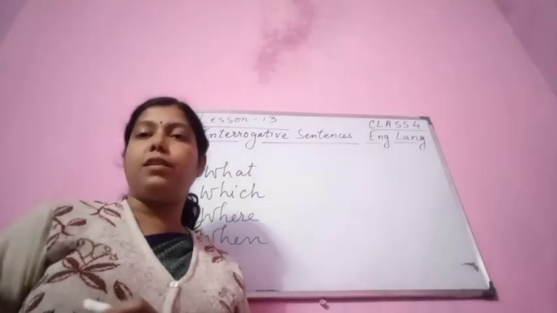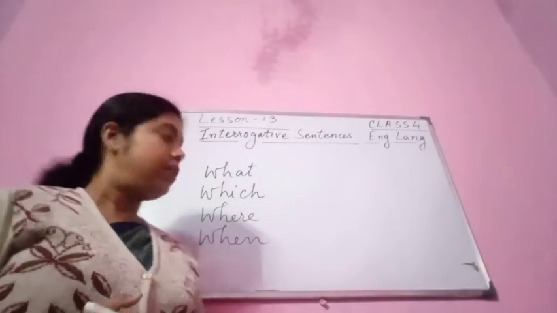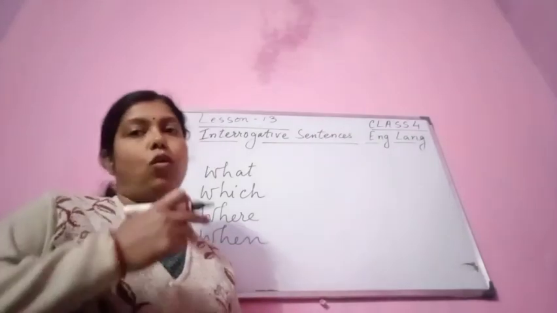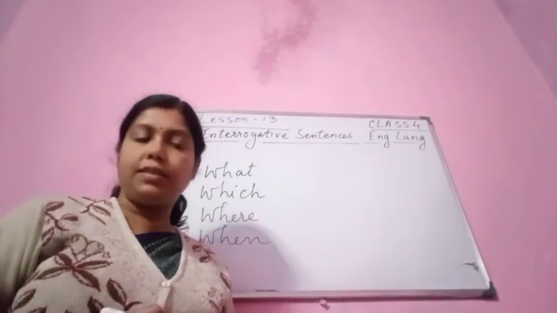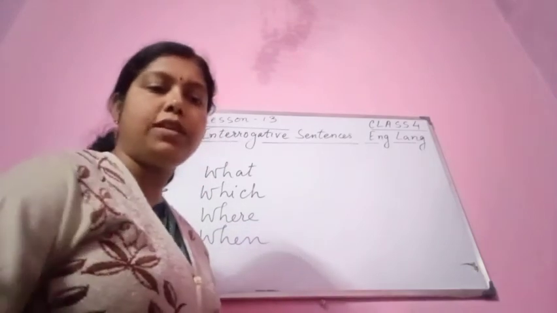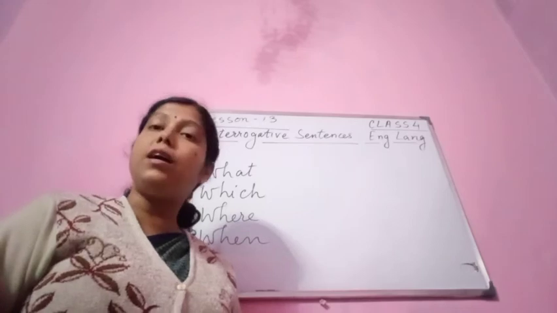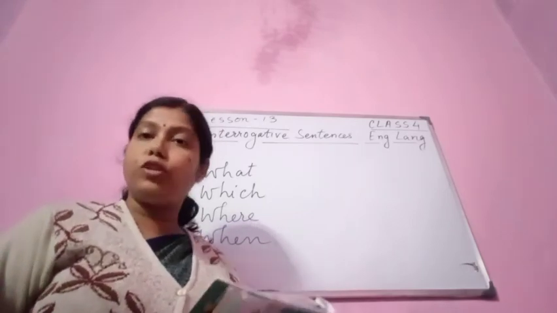Which is your pencil? Where are you coming from? Where are you going? When will you be at home? All these are question words, and at the end a question mark is given, isn't it? So an interrogative word or question word is a function word used to ask a question. Here we discussed question words.